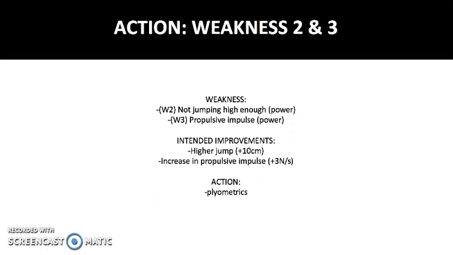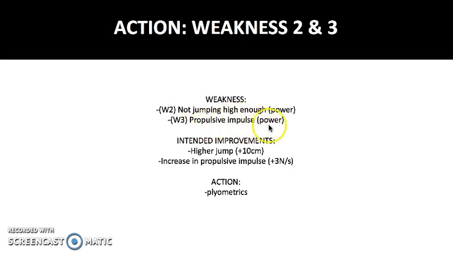So if we look at the second weakness and the third weakness, they actually relate in the sense that they're both to do with power. The second weakness we took from the technical model, and that was that the performer wasn't jumping high enough. And the third weakness was obviously their propulsive impulse that we took from the numerical data.